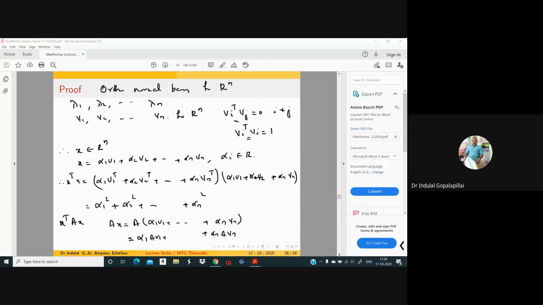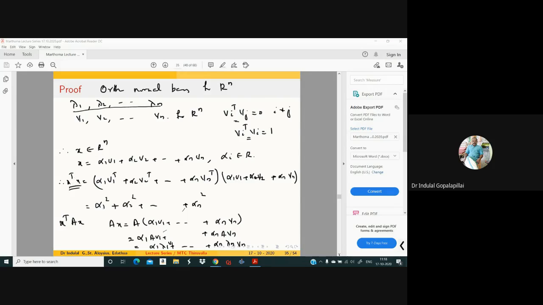But we know that the vi's are eigenvectors of A corresponding to the eigenvalues lambda i. So A v1 is equal to lambda 1 v1, etc., A vn is equal to lambda n vn. Clear?